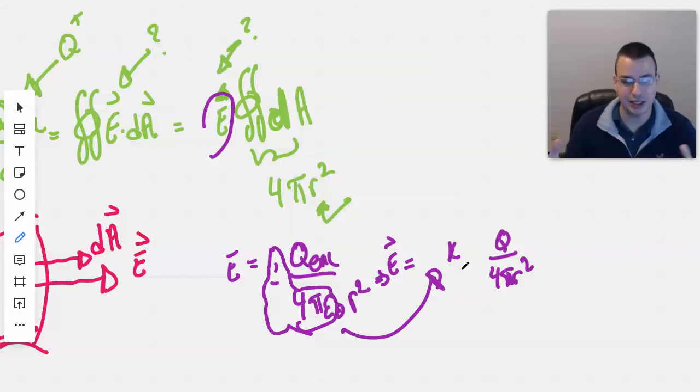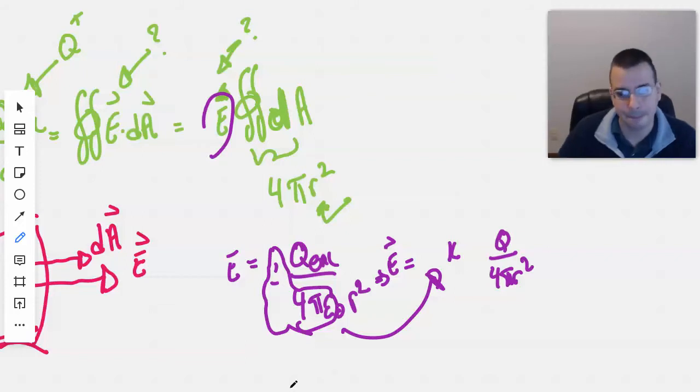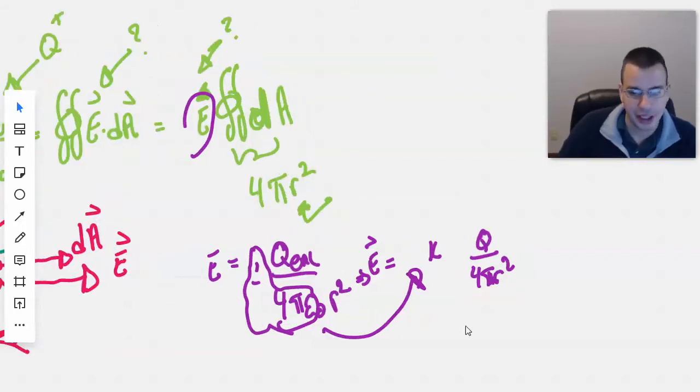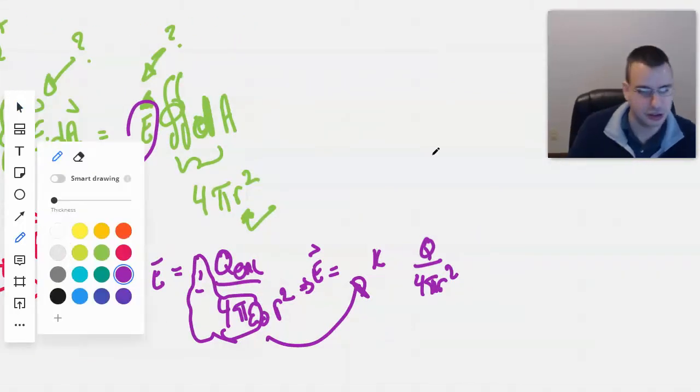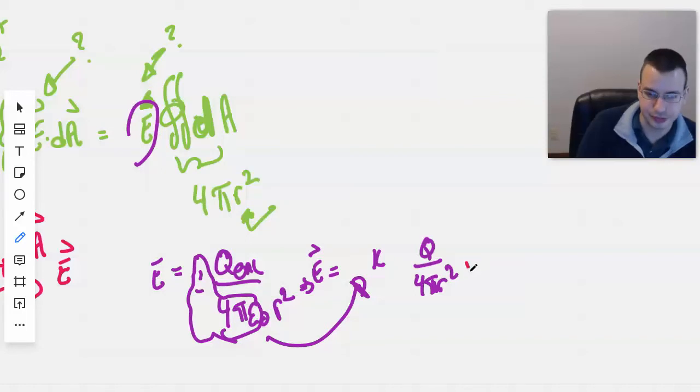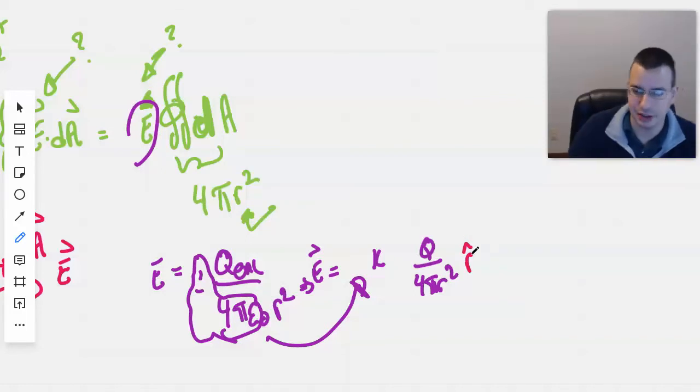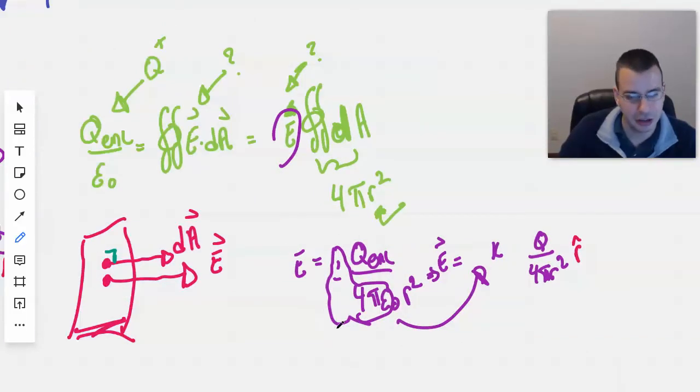And that is how you can use Gauss's law to prove Coulomb's law. Then I'm going to throw in a little hat here to show that it's in the radial direction. It's a unit vector. It just gives us direction, without affecting the magnitude.